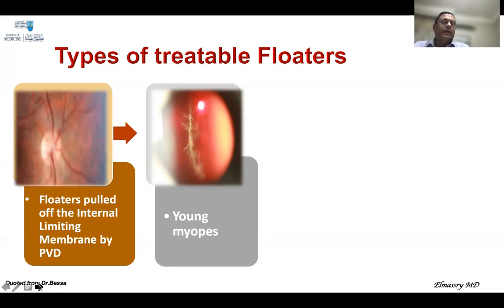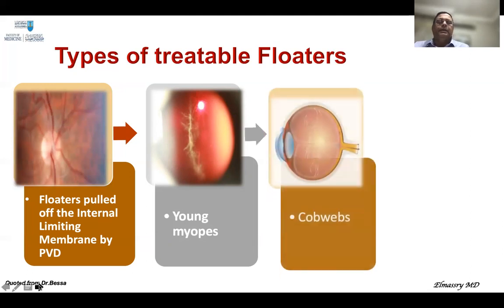The size and the site will also be discussed. So these young myopes with vitreous floaters could be treated, but of course the percentage of success differs from one patient to another, and we should always lean toward the pessimistic side, expecting a lower percentage of success than expected.